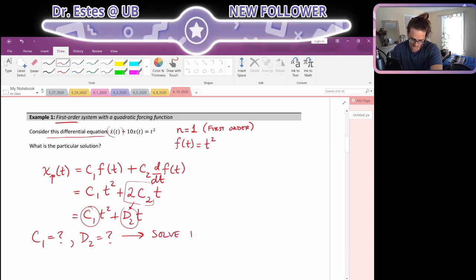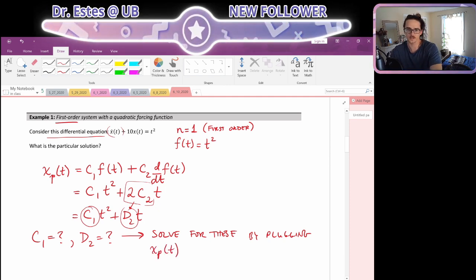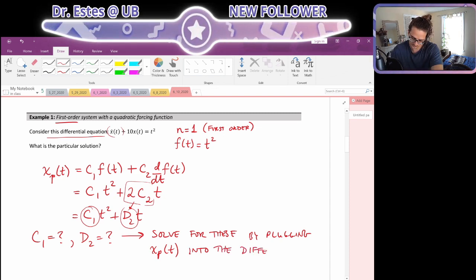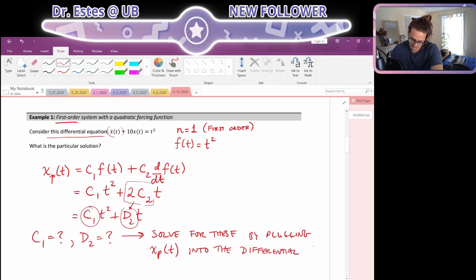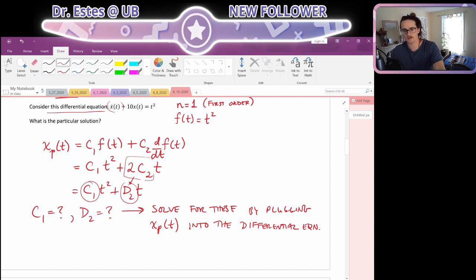Well, you solve for these by plugging your general form of the particular solution into the differential equation. So let's do that.